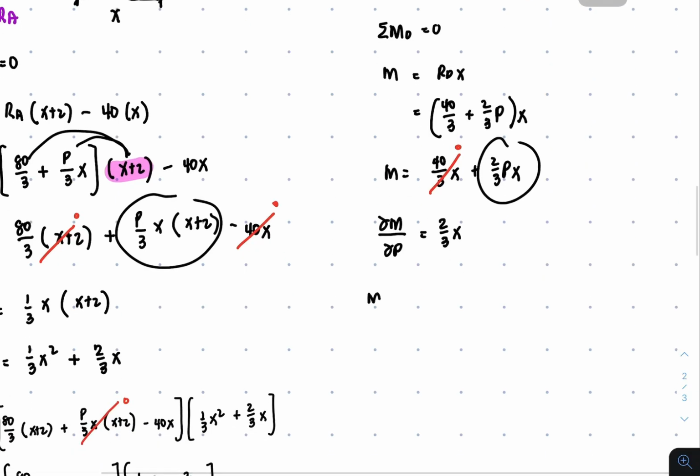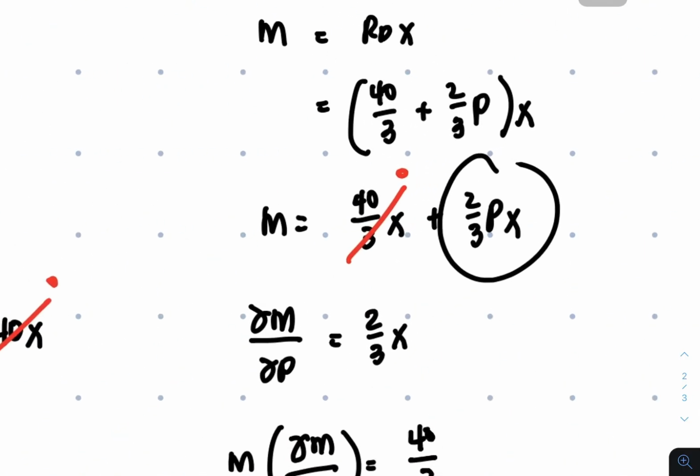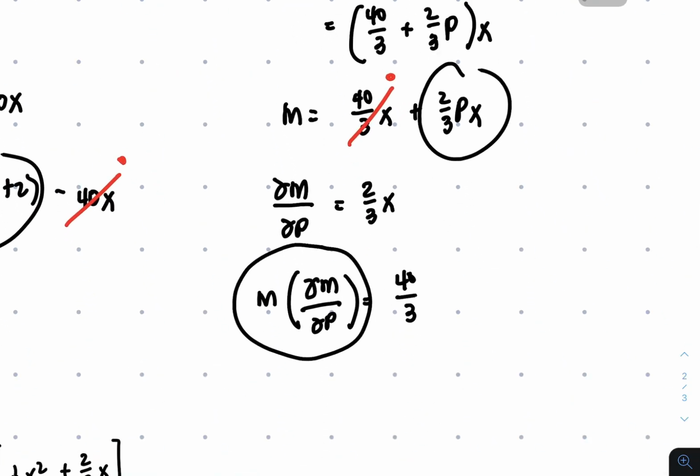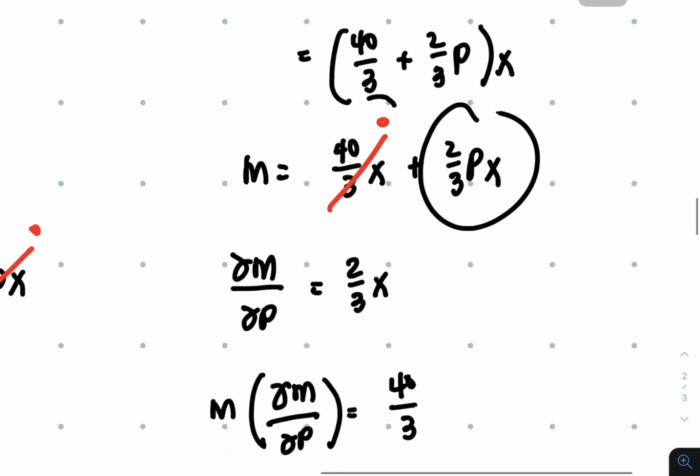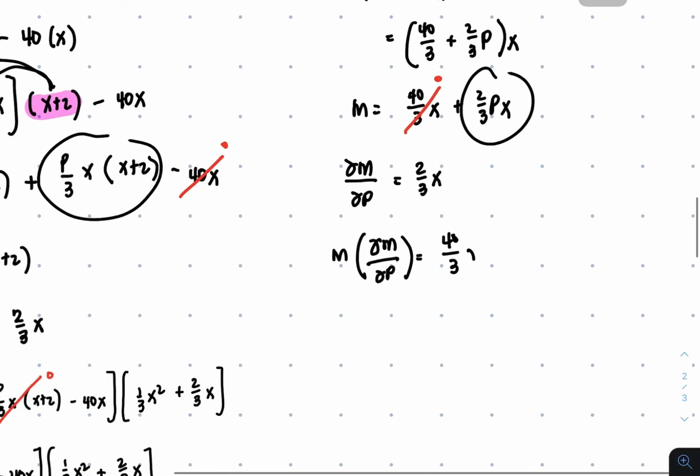And now we are going to get the product of M and the partial derivative of M with respect to P. It is now 40 over 3, although it is already set to 0, but again, I just place it, or I just set it to 0 for a period of time. But the moment you're going to write this one, you have to copy that. So that's 40 over 3x plus the 2/3 Px.